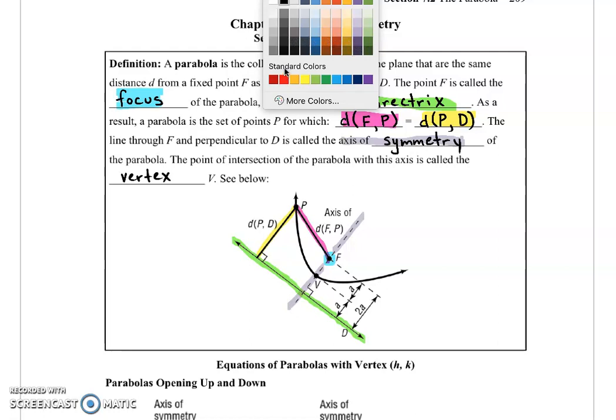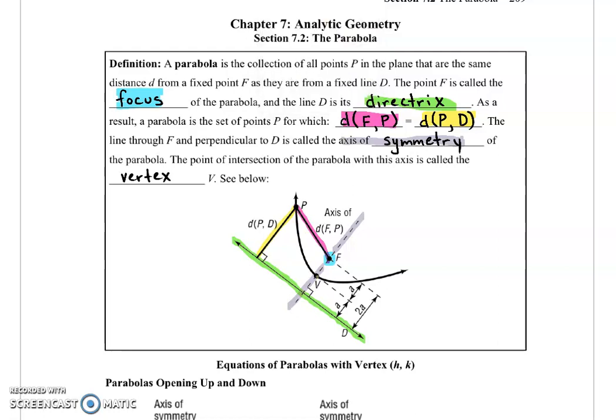There is no good color. Maybe I'll have to use orange. So the vertex is right here. So that's our vertex.